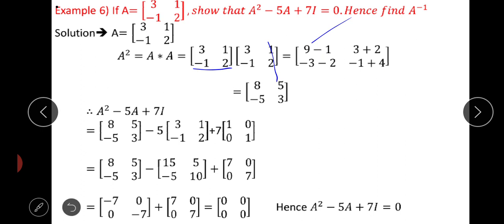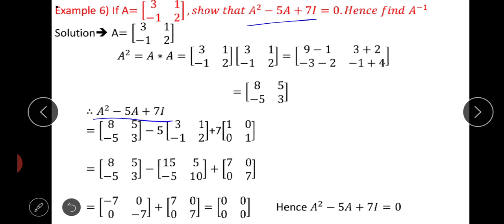Then you have to add those numbers. 9 minus 1 is 8, 3 plus 2 is 5, minus 3 minus 2 is minus 5, minus 1 plus 4, take the bigger number's sign, is plus 3. Therefore you have to solve this one.